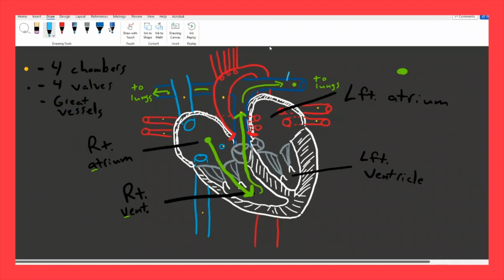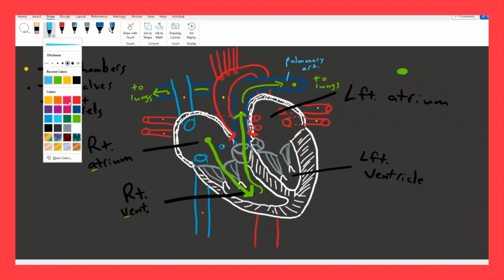So if this is a pulmonary artery, going to the lungs, generally color-coded as blue because it carries deoxygenated blood, what blood vessel would carry blood back from the lungs? If the pulmonary artery goes to, who comes back?